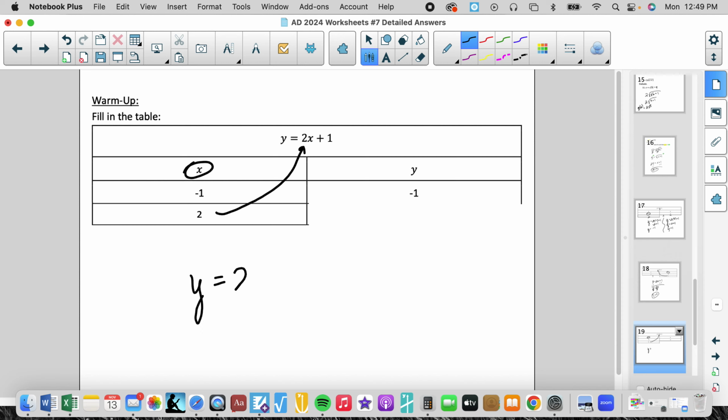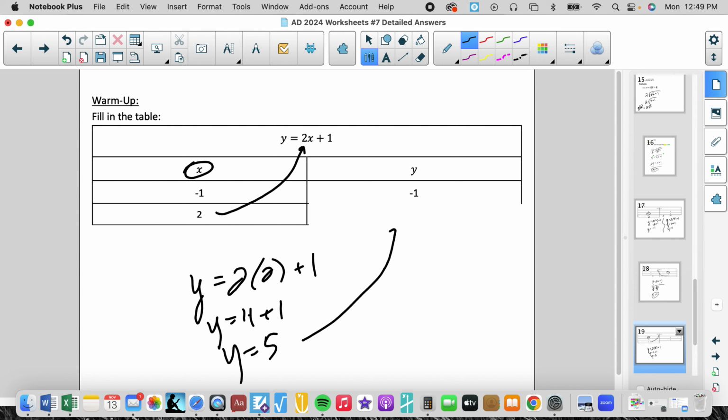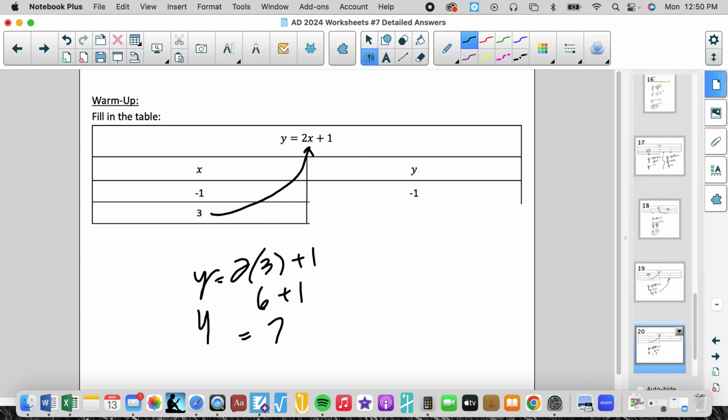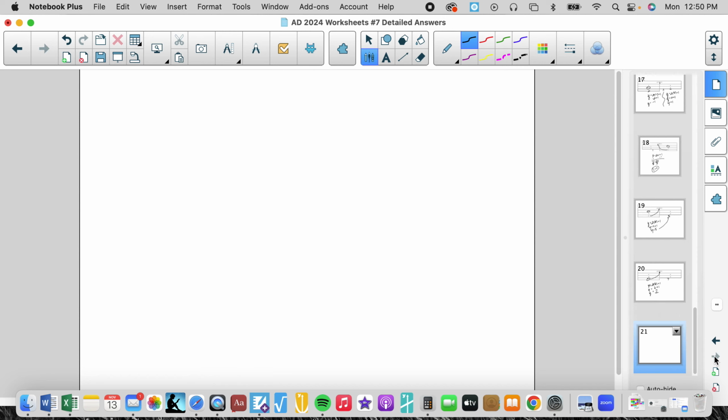So y equals 2 times 2 plus 1. Y equals 4 plus 1. Y equals 5. So my y value is going to be 5 when my x value is 2. And 3, we're not done, sorry. Now we're going to plug 3 in for x. 2 times 3 plus 1, 6 plus 1, 7. So when x is 3, y is equal to 7. Boom. That was a nice fast one.